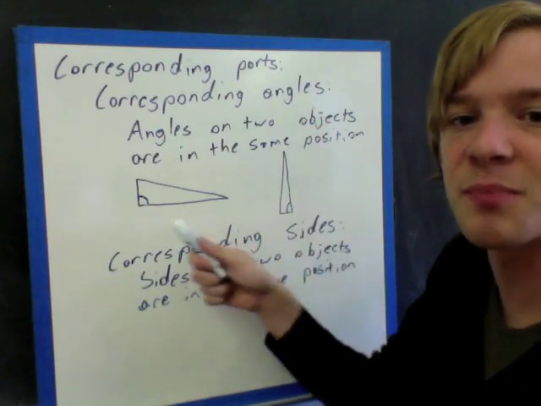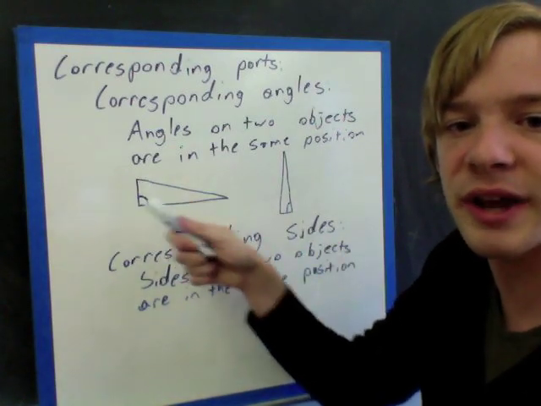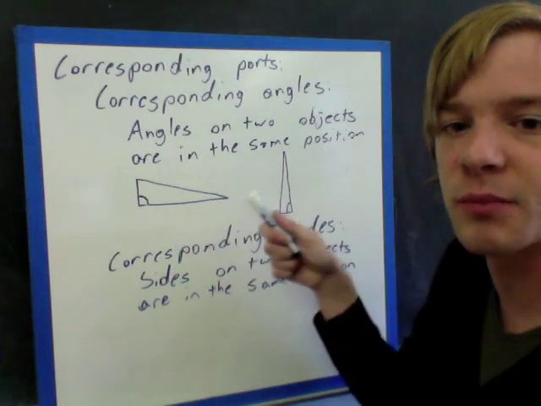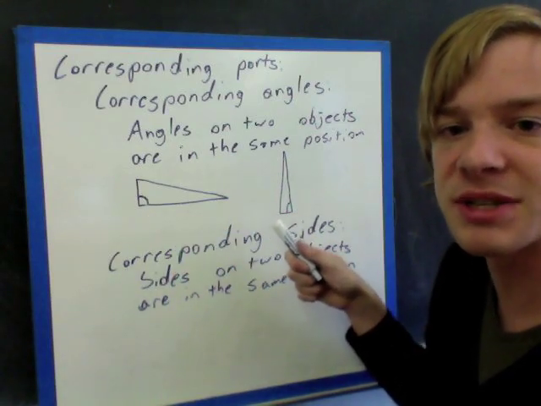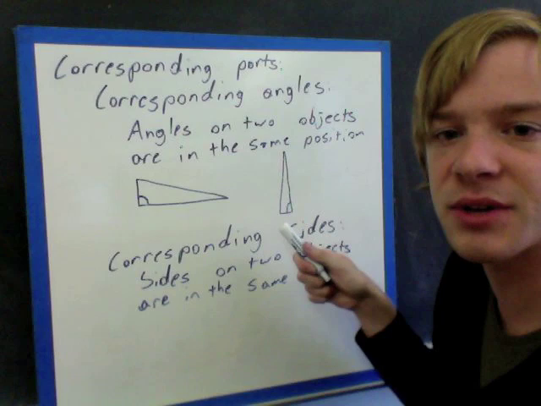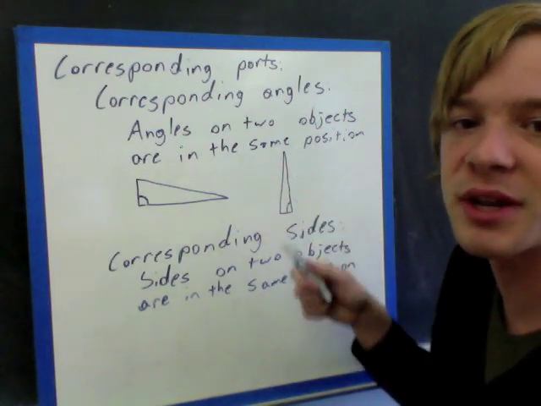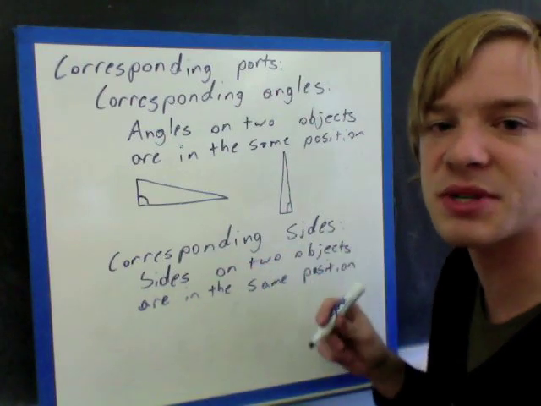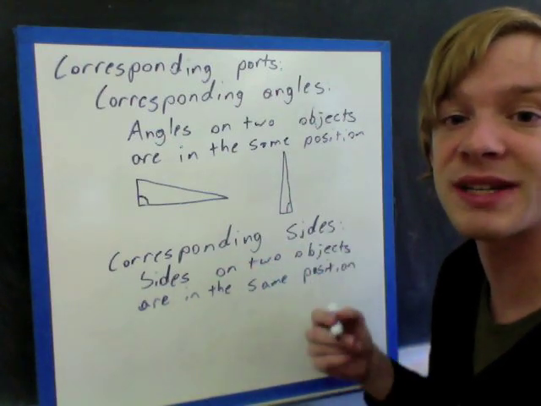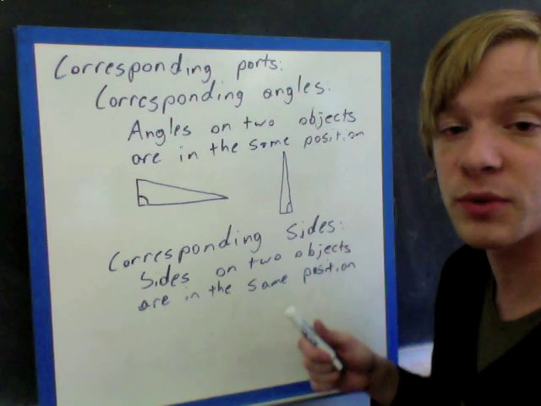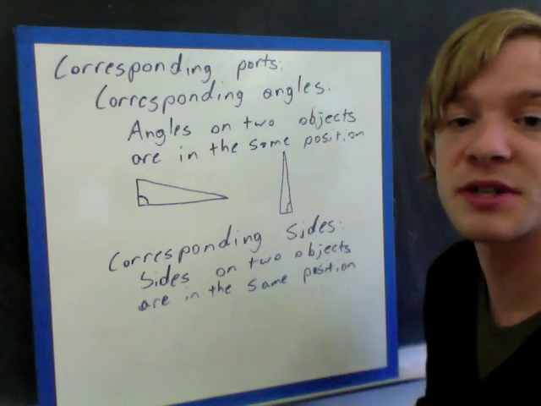They're sort of at the base where the short angle meets one of the longer angles, but it's not the diagonal angle. So here we've still got a short angle that meets a long angle that's not the diagonal one. These two are in the same position, therefore they're corresponding angles. We also have corresponding sides, and corresponding sides are very similar.